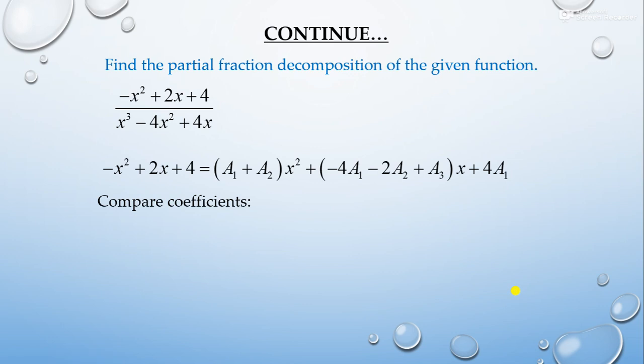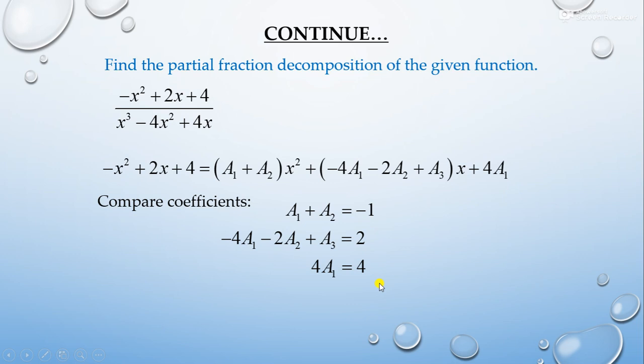So comparing the coefficients of x here. When we compare the coefficient of x square on both sides, it gives a1 plus a2 is equal to minus 1. When we compare the coefficient of x on both sides, that is minus 4a1 minus 2a2 plus a3 is equal to 2, and when we compare the constant terms, that gives 4a1 is equal to 4.